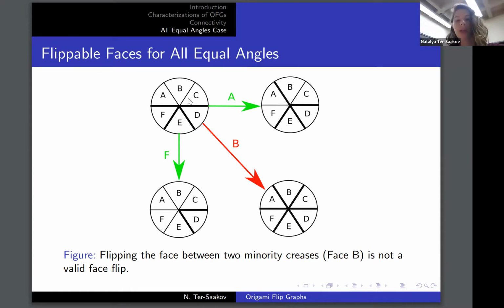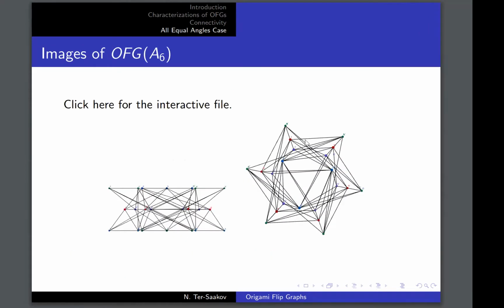And flipping something like F changes 2 majority creases to what were previously minority creases and just switches what majority and minority are, still leaving M minus V equal to plus or minus 2, and just changing the sign. So that reduced the question to, maybe we'd like to count the number of edges in this case. Sounds like a reasonable thing to count.